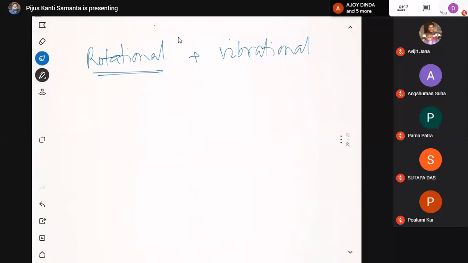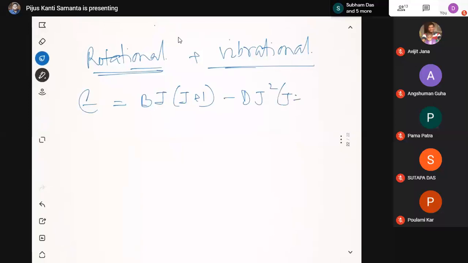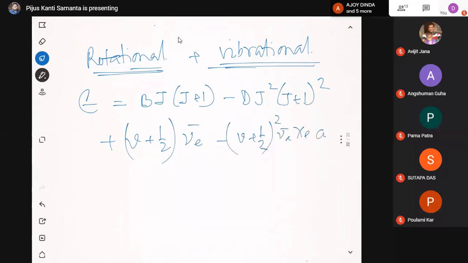In that case, the total energy will be the rotational plus vibrational. The rotational part will be BJ(J+1) minus DJ^2(J+1)^2, plus the vibrational part, which is (v+1/2)ωe minus (v+1/2)^2 ωe χe. Now we have to consider all these rotational levels and vibrational levels.